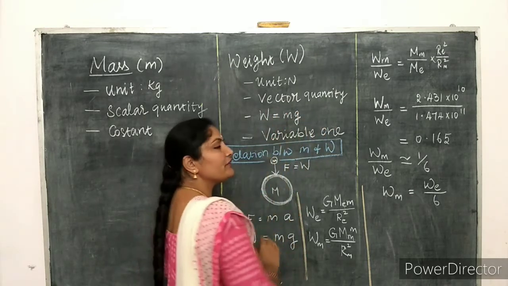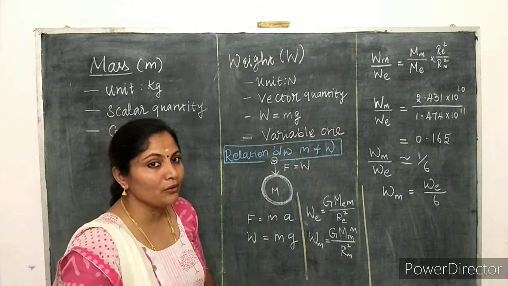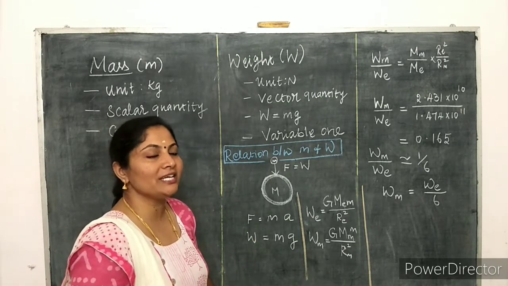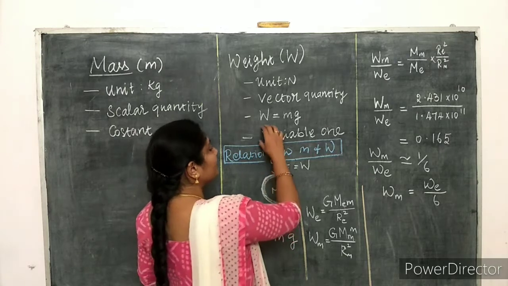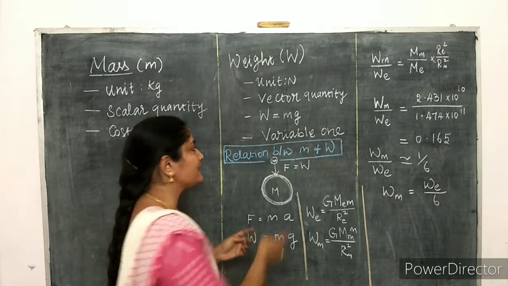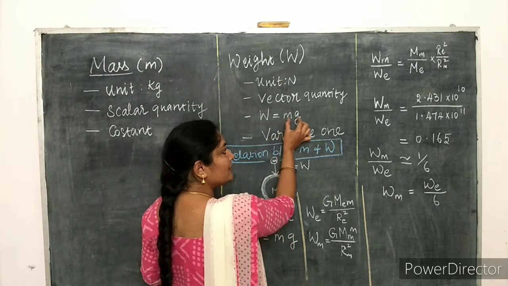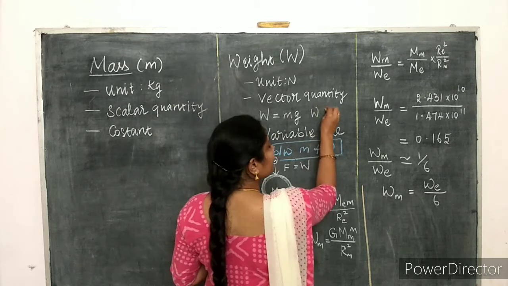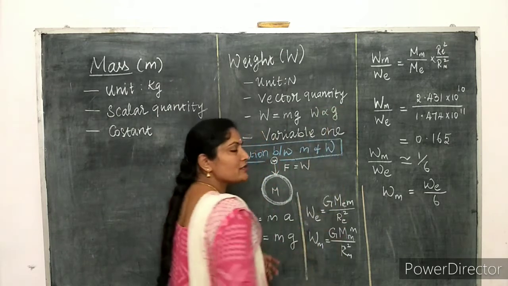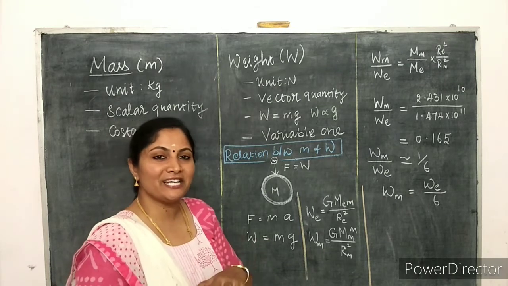What is the formula for weight? That is equal to m into g. I will tell you how that formula becomes m into g in the next topic. Weight is a variable one. Why are we saying that it is a variable one? See, W is equal to m into g. Here m is a constant, but weight is directly proportional to acceleration due to gravity. That acceleration due to gravity is a variable one.